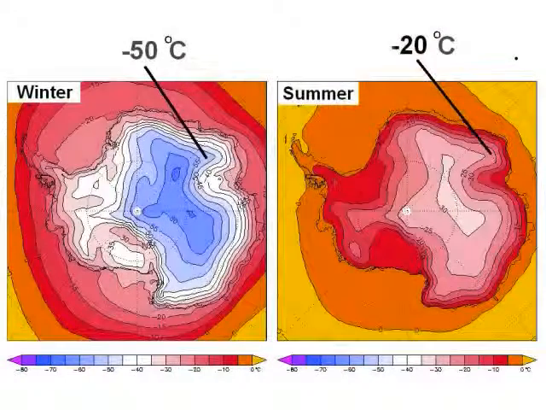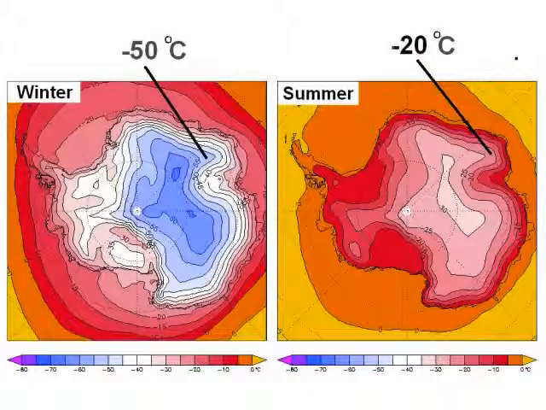But here's the problem. I'm going to show you a chart of the temperatures in Antarctica. See the red? That means Antarctica is hot, right? Well, not really.